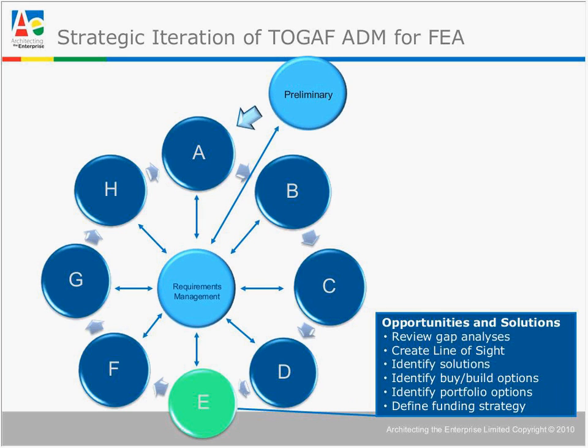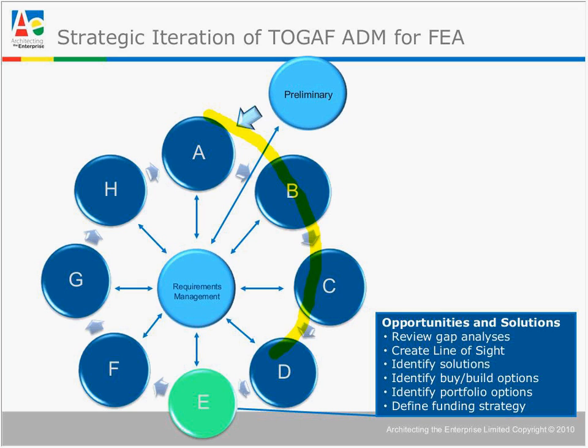Okay, so we say that phases A through D are really the architecting phases. This is where the EAs are really in control, and they're setting the agenda.